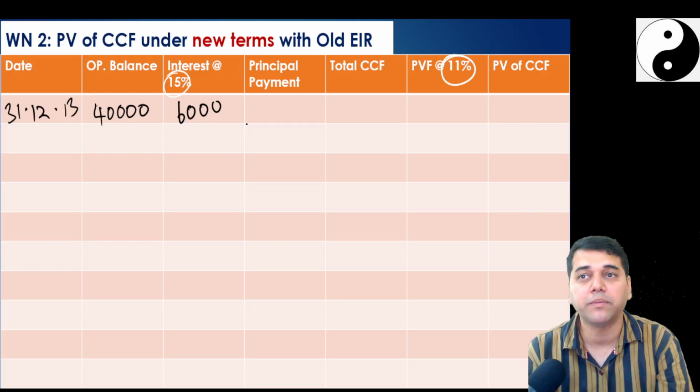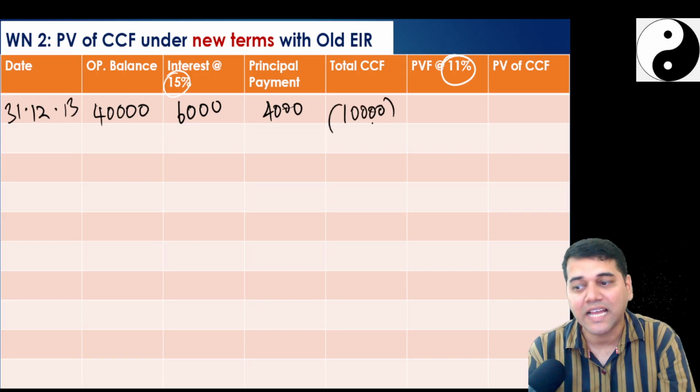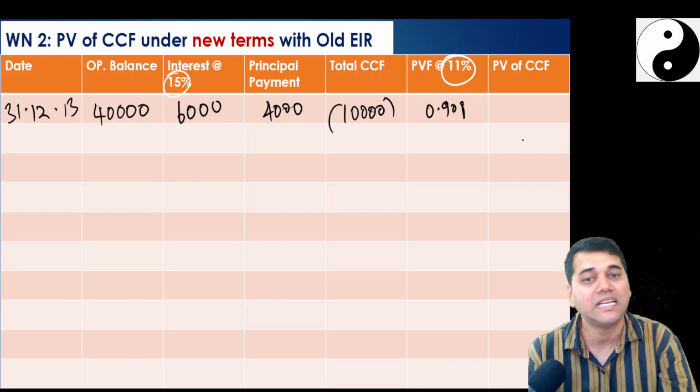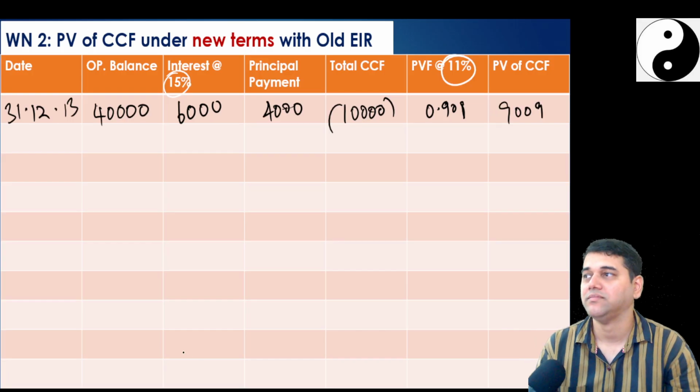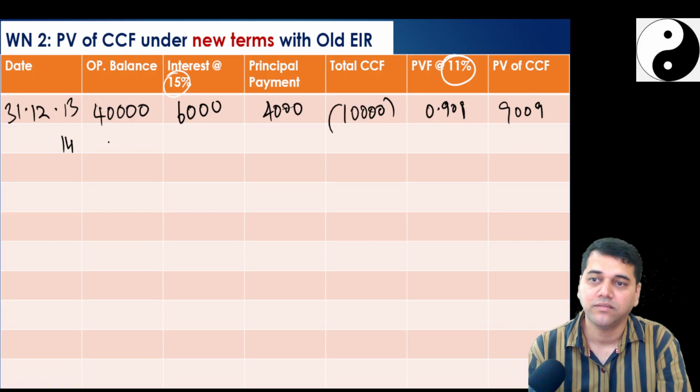How much is the principal payment? 4,000. Cash flow? 10,000. Now, for this cash flow, the present value factor will be 0.901 at 11%, giving 9,009. Then comes 14.